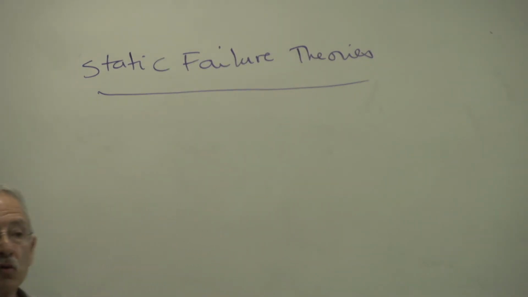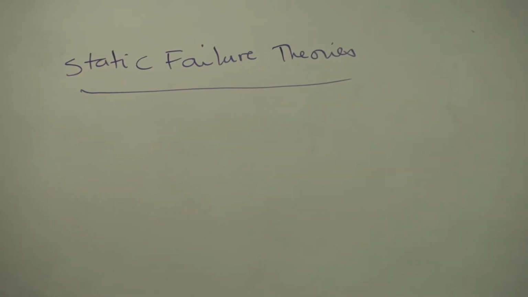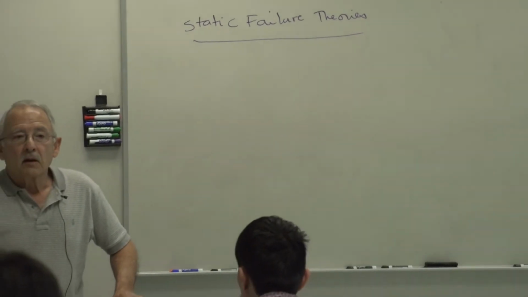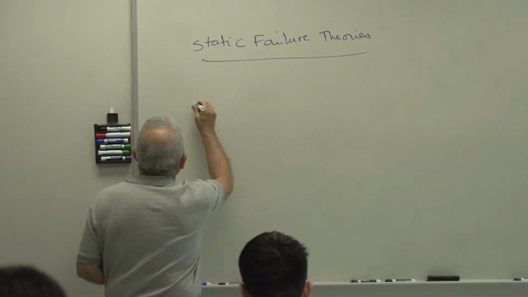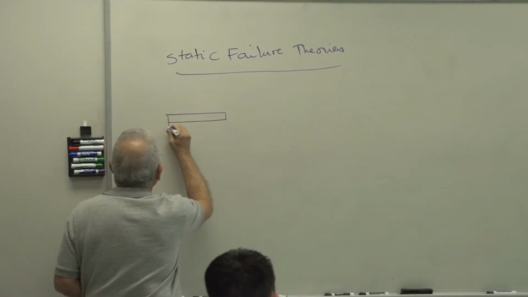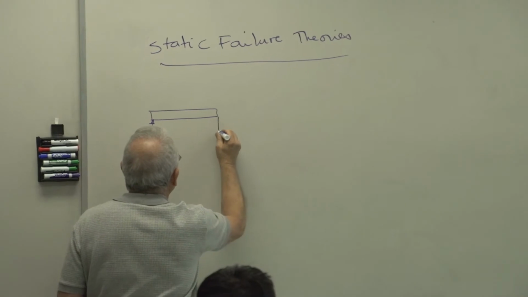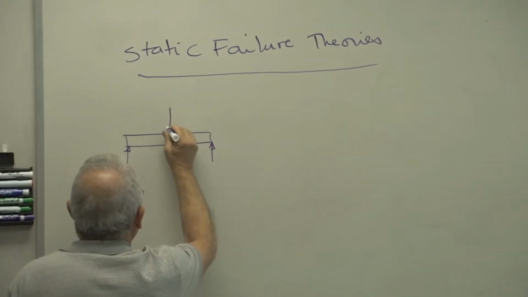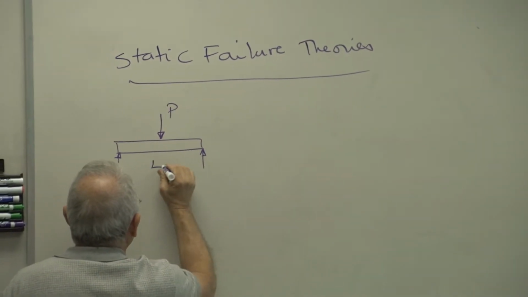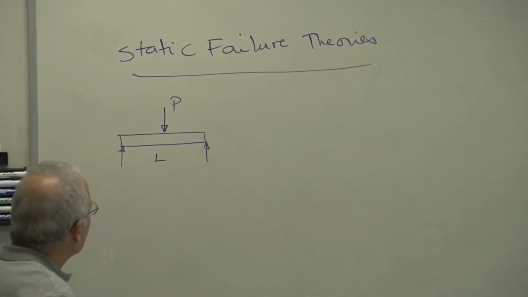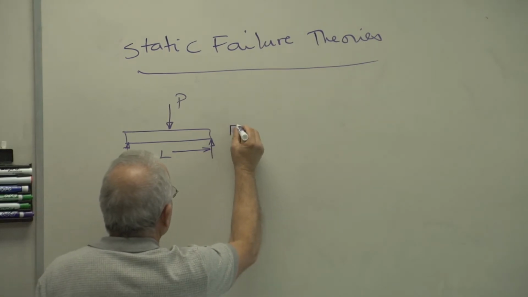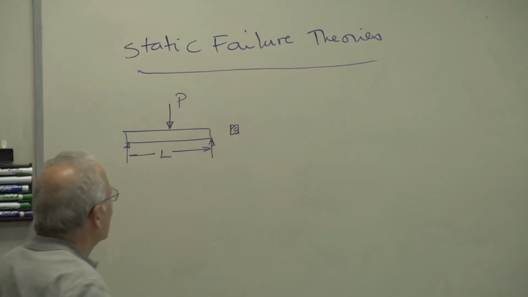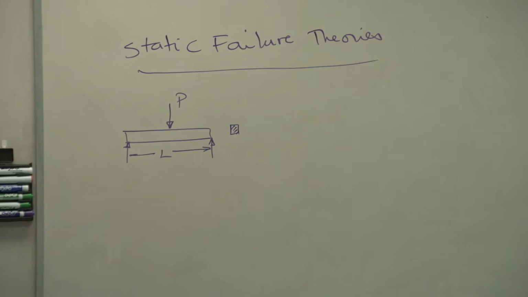You have already used one of these failure theories. Let's say they would give you a beam like this, with a load in the middle P, beam of length L, and given the cross section, of course, they would ask you, what is the factor of safety with respect to yielding?